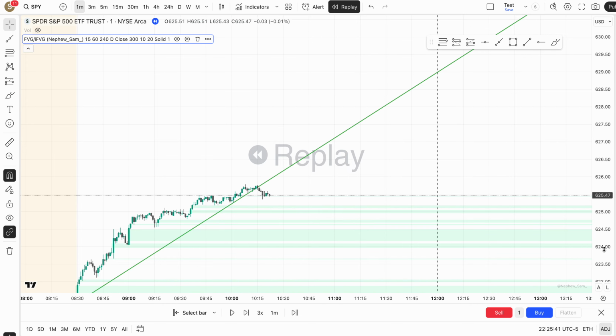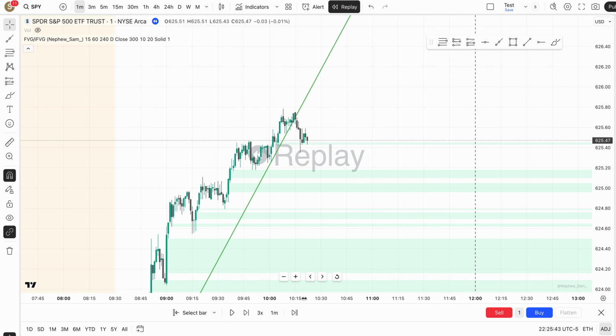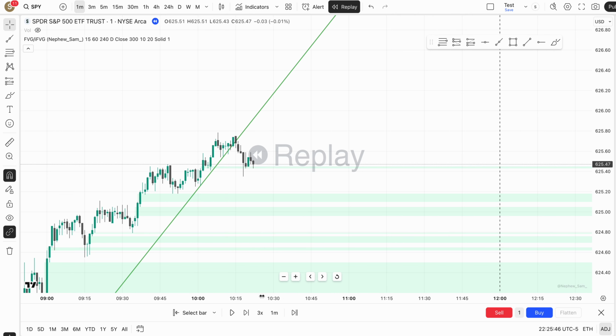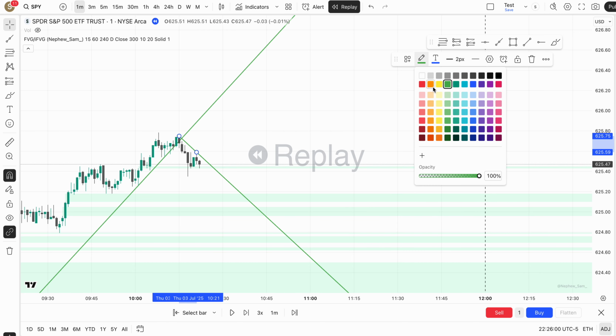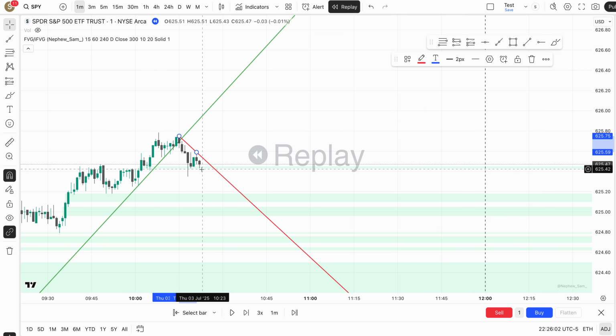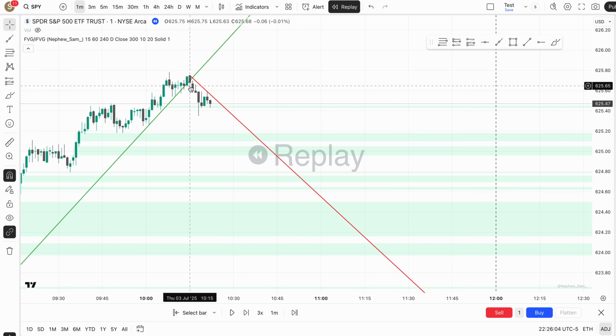Okay, we got a break there. On this candle here is where you would enter puts, with a stop loss above this green line until the downtrend line forms. But we get the downtrend line formed here. As long as price stays below this red line, we stay in puts. The entry was 625.68.